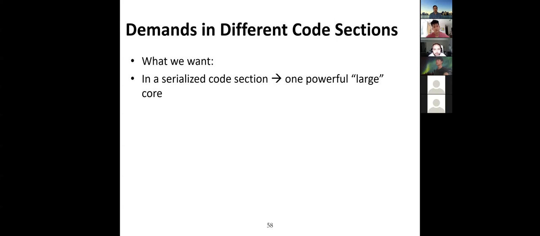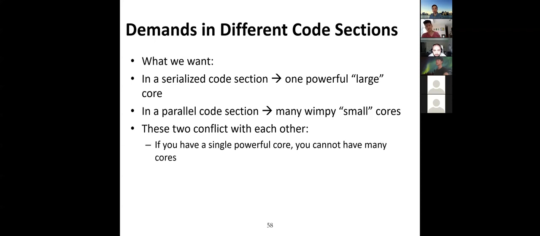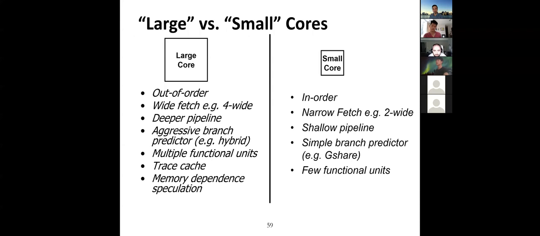What we really want is, in a serialized code section, one powerful large core, and in parallel code, many wimpy small cores. This is what you really want as an architect, because that would be efficient. But these two conflict with each other. If you have a single powerful core, you cannot really have many cores. A small core is much more energy and area efficient than a large core.